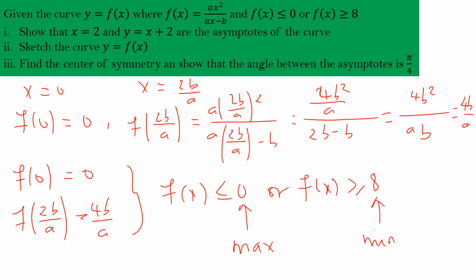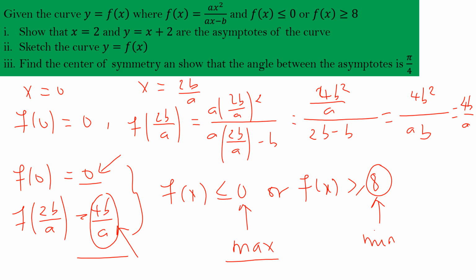These are the y coordinates. So you clearly see that 0 is the maximum, and it already coincides with this other maximum here. It therefore means that this one is going to be the minimum. So we just have to equate 4b on A to be equal to 8.